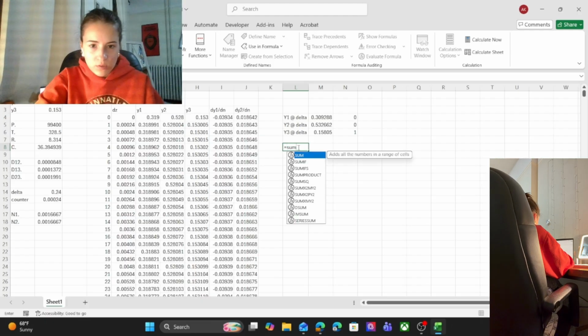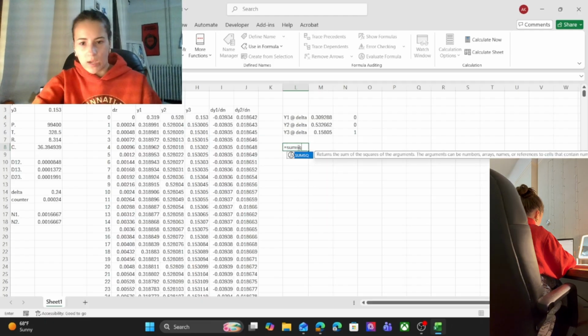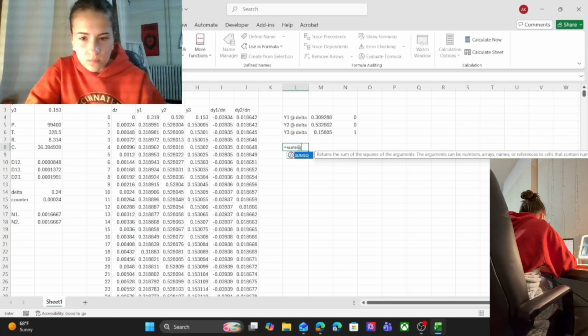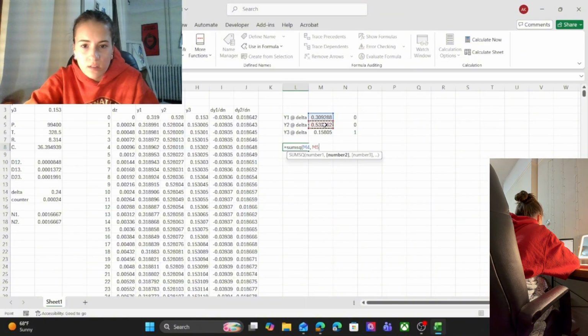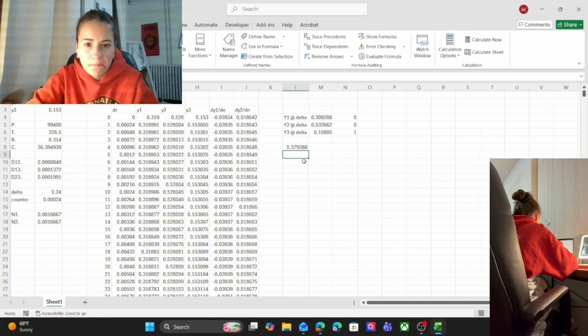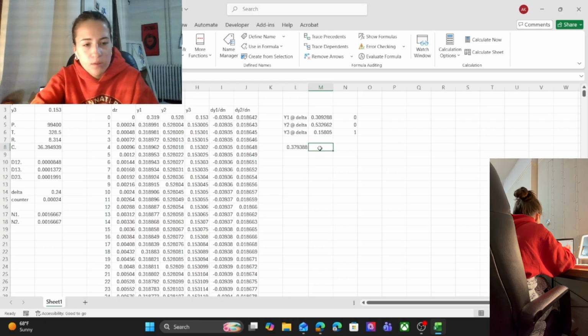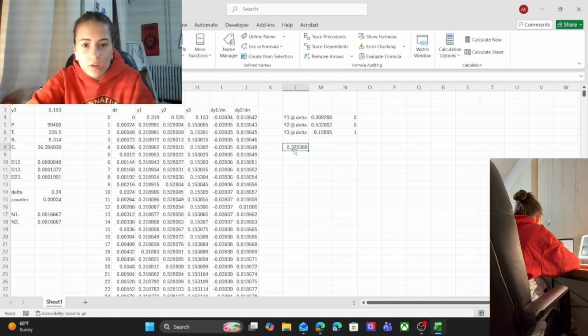So what we're going to do is sum squared. So we're going to do the sum squared of this value here and this value. So this is what it is right now, but we want this to be as little as possible, as little as a sum squared value.